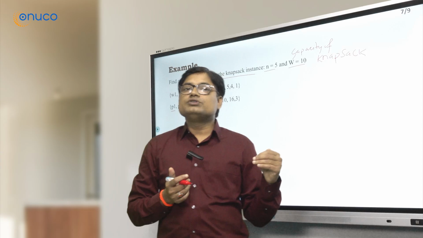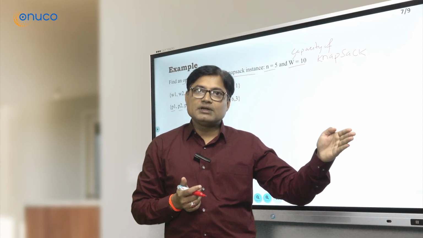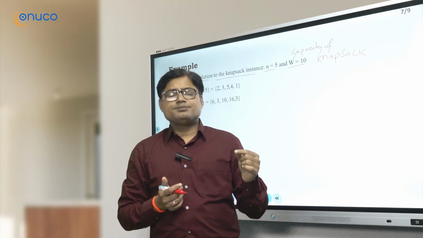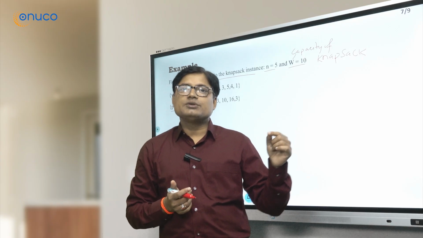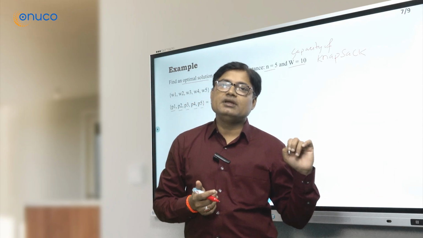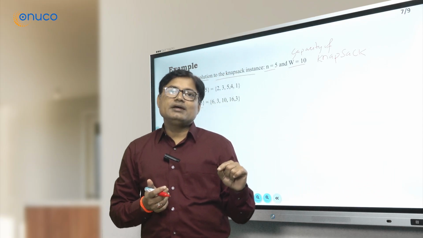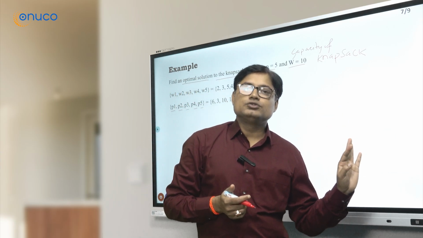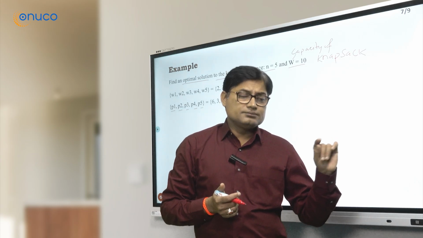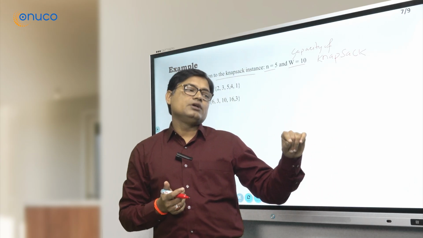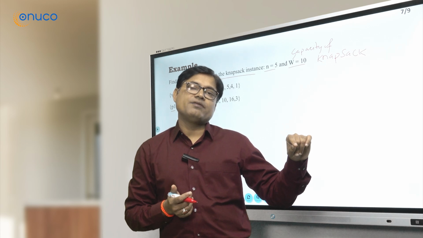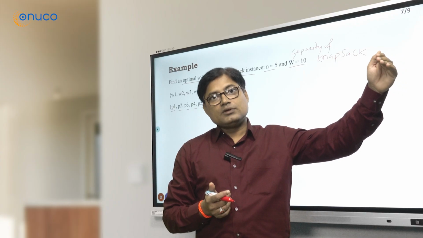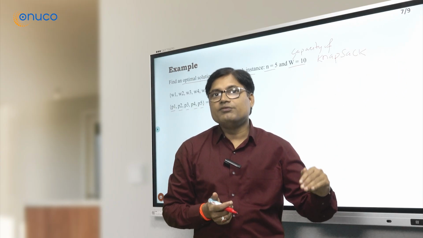Because we check the profit of that gold divided by its weight. Remember that 10 grams of gold, say, is 50,000, whereas 10 grams of silver costs, say, 2,000. Then definitely the one that gives the maximum profit is gold. And how did you decide? Total profit divided by weight.